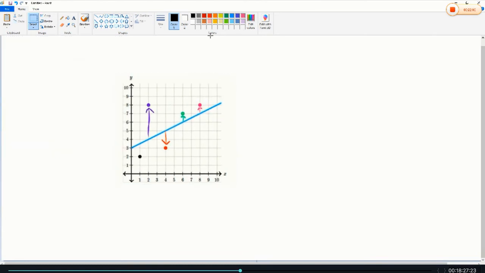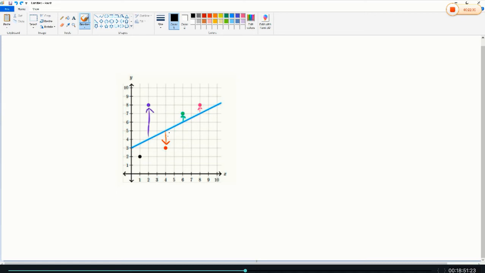We have this graph. Now you can see that we're given a best fit line, and we're given 5 different points. So points closer to the regression line have a smaller residual, and points farther away from the regression line will have a larger residual.